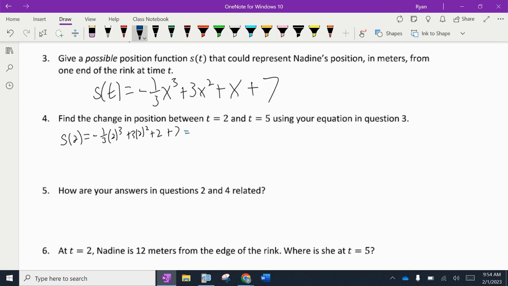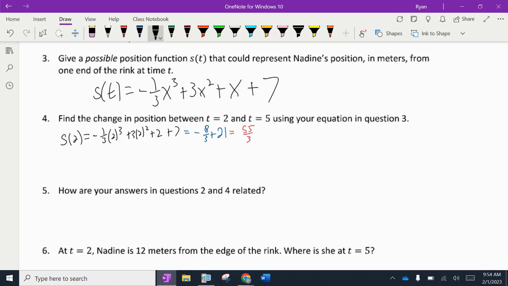I'm going to deal with the numbers at the end first. 2 squared is 4. 4 times 3 is 12. 12 plus 2 is 14. 14 plus 7 is 21. Out front, 2 cubed is 8. 8 times negative 1/3 is negative 8/3. So here's one way to talk about S of 2. And I'll simplify it just a little bit more. To get a common denominator, wouldn't that make this 63 over 3? So 63 over 3 minus 8 over 3, isn't that 55 over 3?